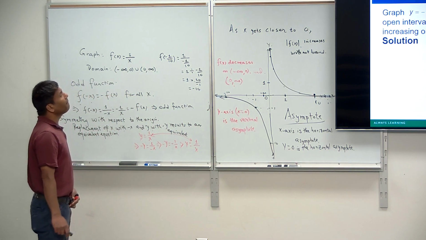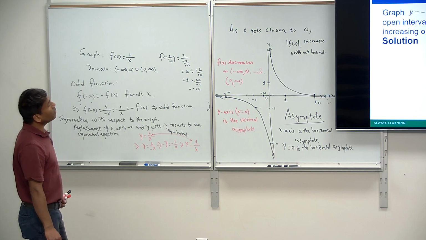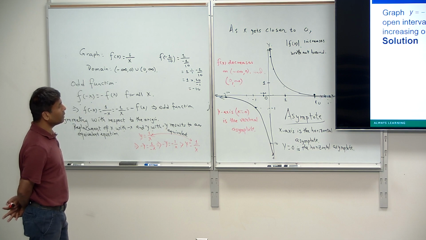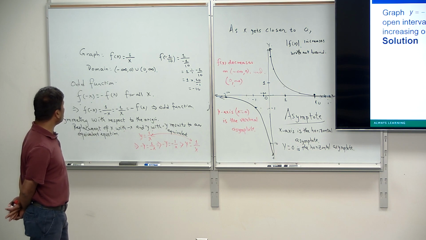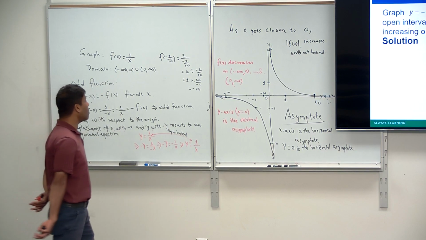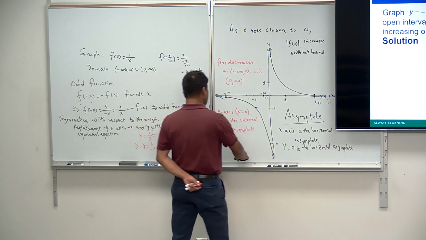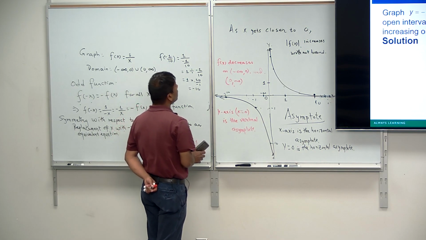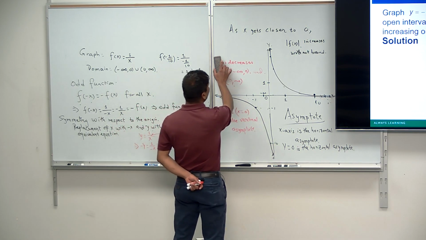Okay. So graph negative 2 over x, and give the domain and the largest open intervals of the domain on which the function is increasing or decreasing. So negative 2 over x. So how do you do that? So this is the function f(x) equal to 1 over x, right?